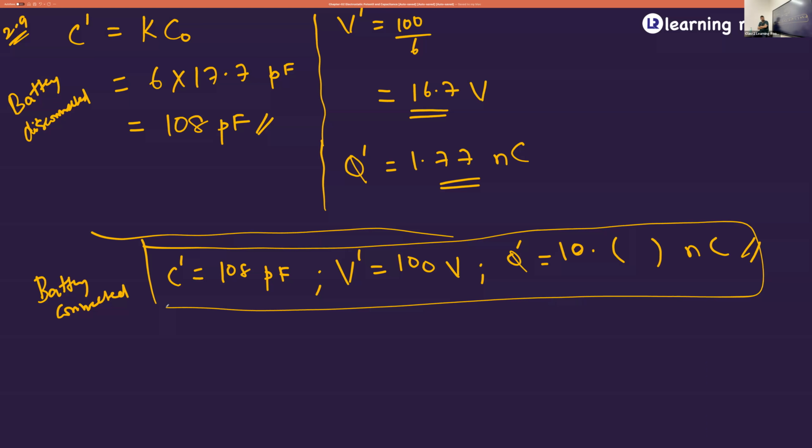Okay. Look at the next one. That's 600 picofarad something, that question. Simple question. So what is the 10th one? How much is the capacitance? C is equal to 12 into 10 power minus 12 farad.